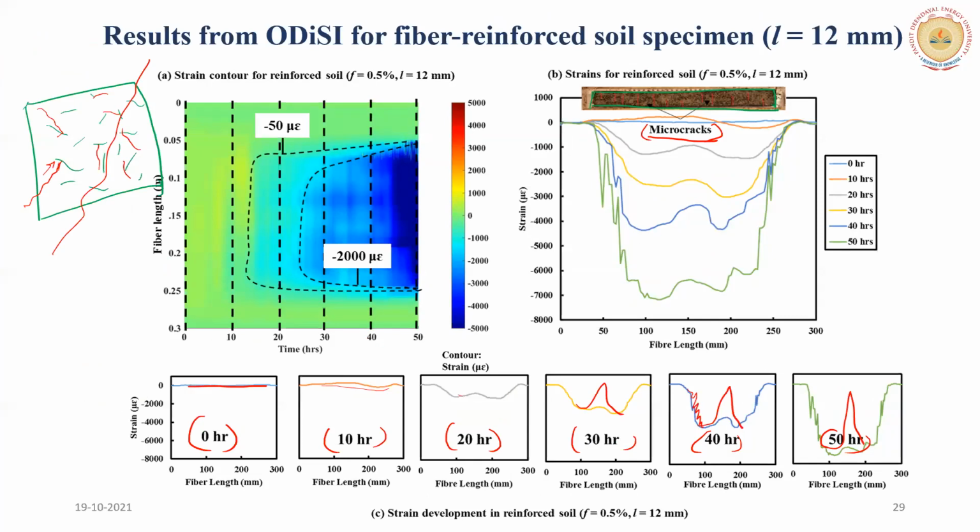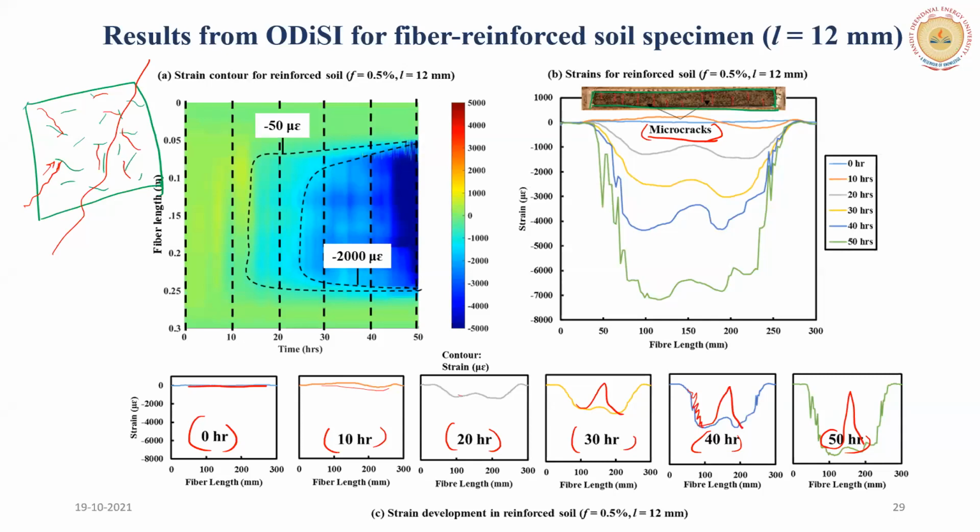In this study, all of this was also recorded with the help of a digital camera. Strain is nothing but delta L by L, the change in length due to shrinkage divided by the actual length of the specimen. This delta L by L was also plotted for the images, using image analysis.